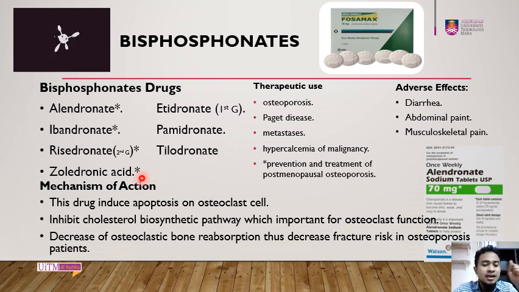This drug actually induces apoptosis in osteoclasts. If you have not come across what apoptosis and necrosis are, these are among the ways cell death occurs. Necrosis is what we call forced death, which means that the destroyed cell is not well managed and can cause harm to the surrounding area.